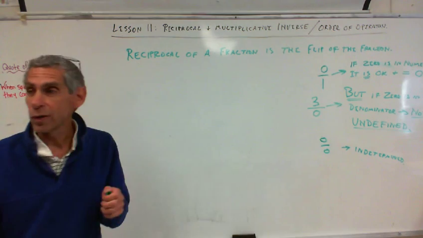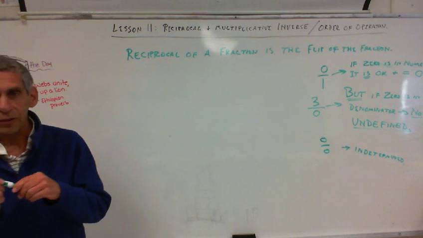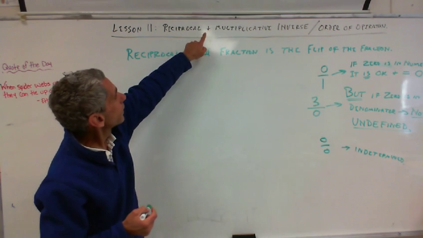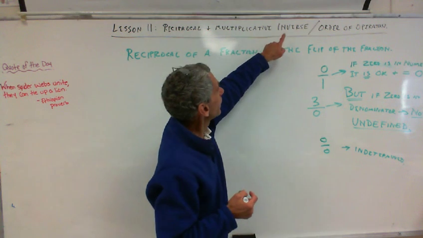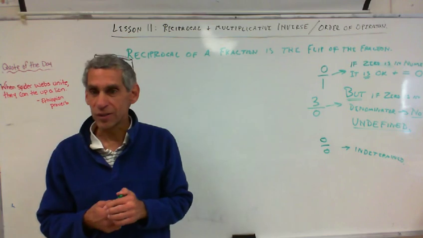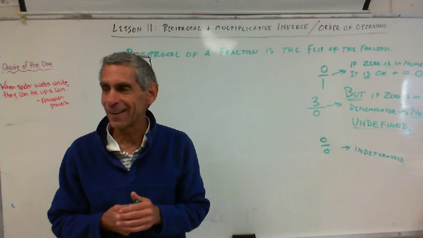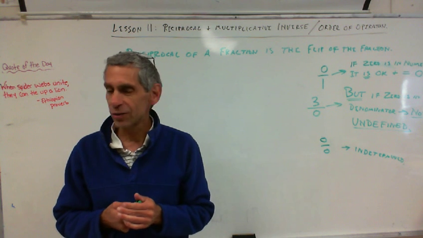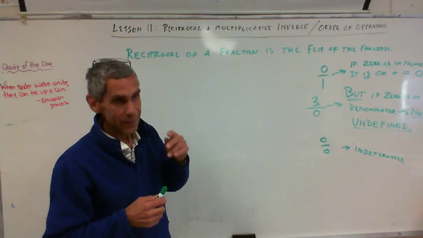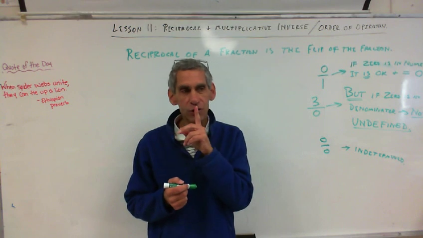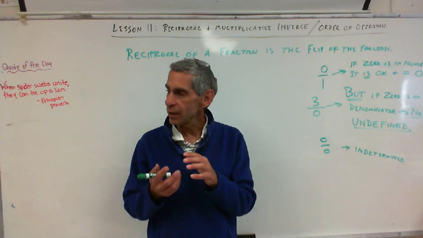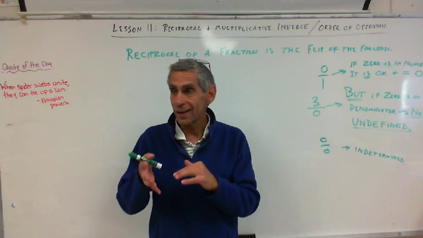All right, so now we're going to the next step that you have to understand. Notice the topic says reciprocal and multiplicative inverse. That's kind of a mouthful. Multiplicative inverse. What does that mean? Is it even a word? A reciprocal is also considered an inverse.